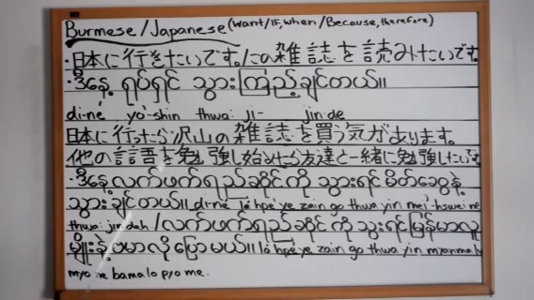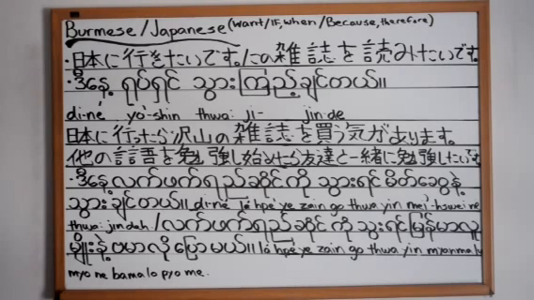Before I read this, you'll notice the Romanized version here. I just wrote that out for those of you who are interested in knowing how these letters are enunciated. I didn't have enough space to write the Romanized for Japanese, but I wanted to do it for Burmese since this is a rare language.